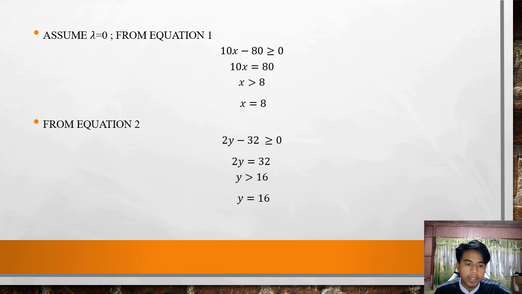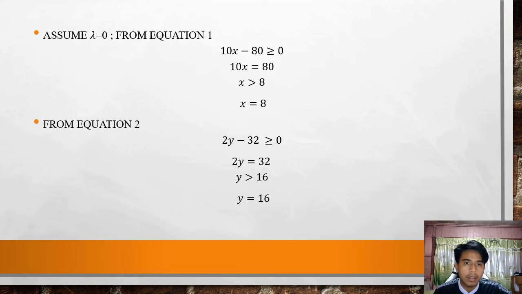The next step is testing the Kuhn-Tucker conditions. Assume lambda equals 0. From equation 1, 10x minus 80 is larger than or equal to 0.